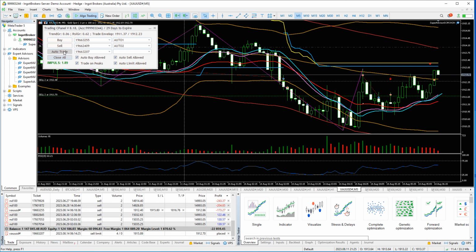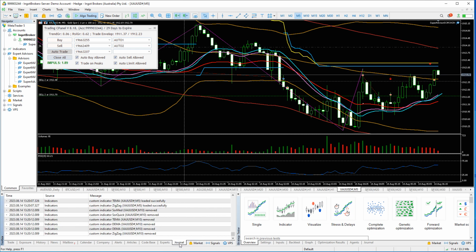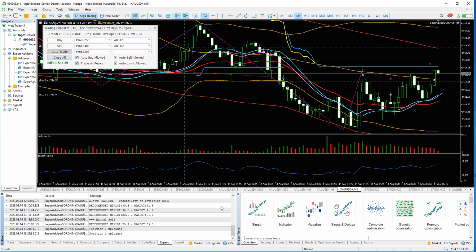So let's click like this, and what happened if you go to the journal, to the expert, you see position 1 uploaded, position 2 uploaded. So now the system is in fully automatic mode. This will control all your stops, control the position, and it will close it if the price goes through these 3 lines, because that is the logic.